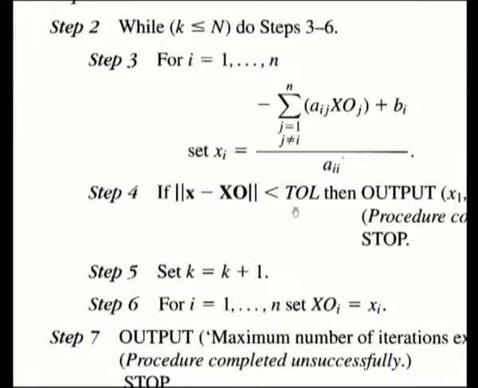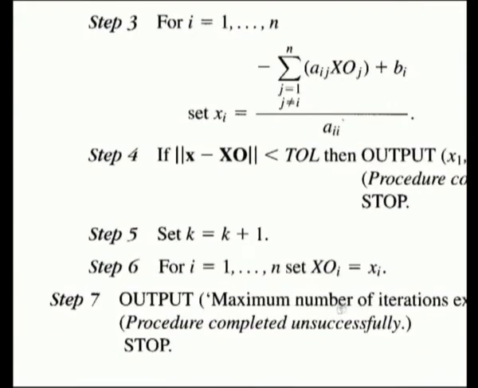So if it is less than tolerance, stop, otherwise go for the next iteration. At the end you print out the latest iterate x_i. We need to preserve the previous iterate, which will be stored in the variable x_o, and that should happen for all the components.